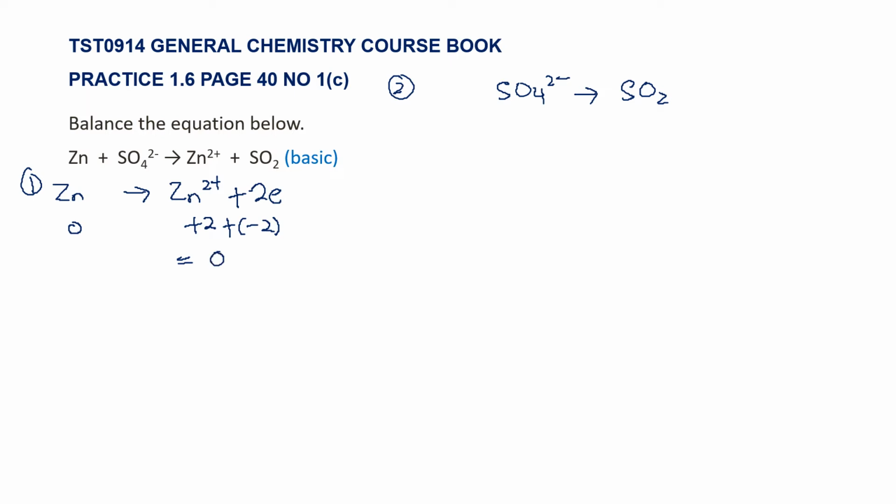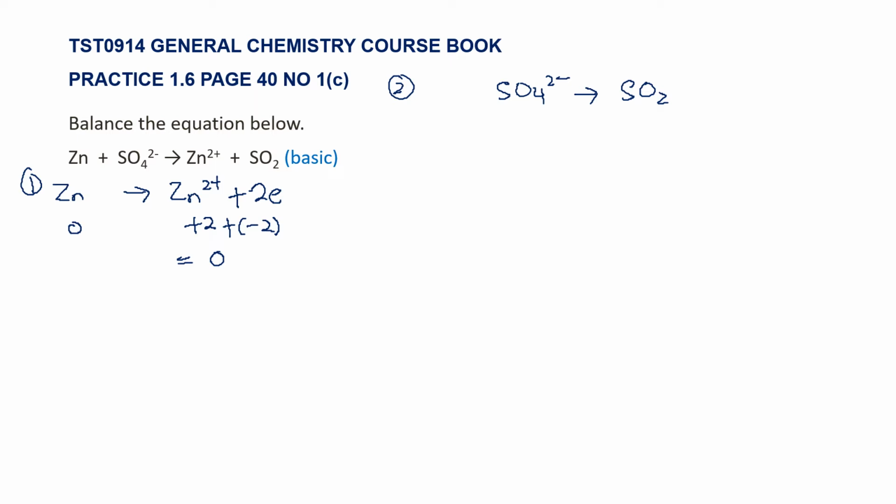Okay, look at equation 2. The number of oxygen is not balanced. We have 4 oxygens on the left side and 2 on the right side. The number of sulfur is already balanced, 1 and 1. How to balance this equation?